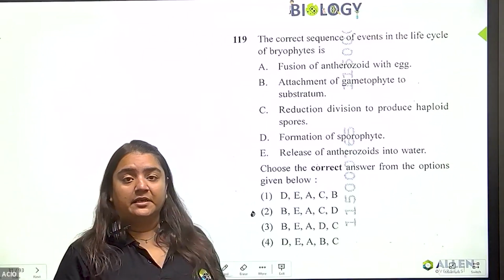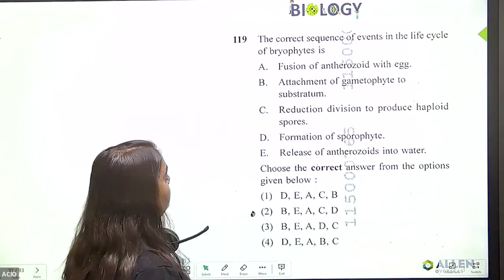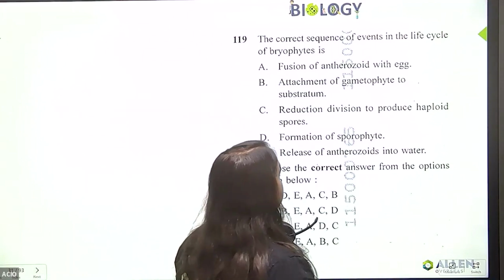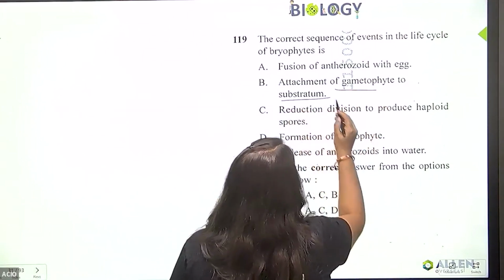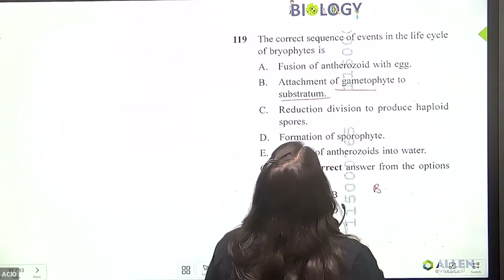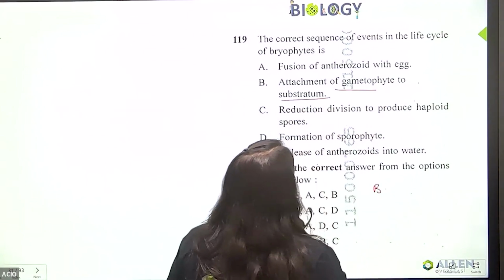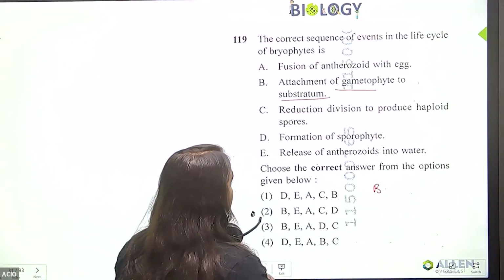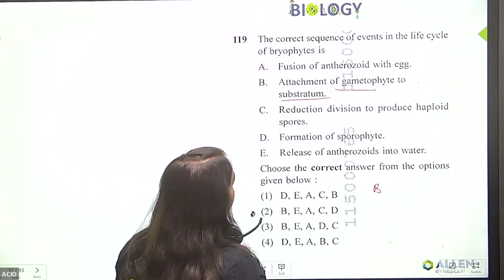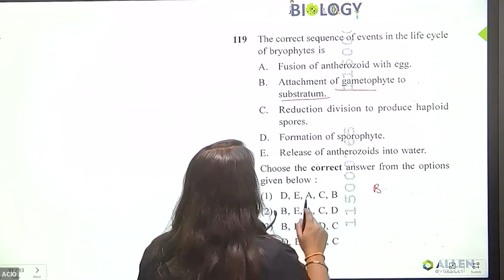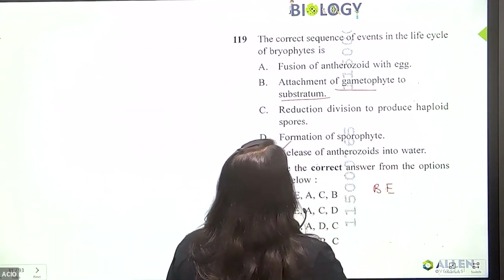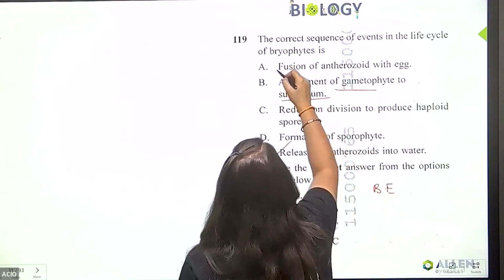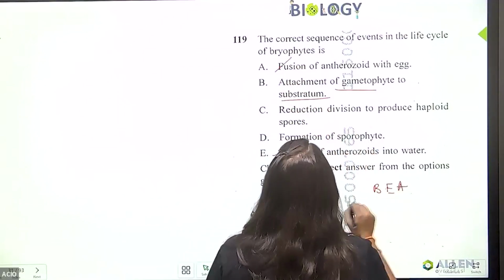Now we have the life cycle of bryophytes. Let's see what all events we have in the cycle and let's arrange it. First thing is attachment of the gametophyte to the substratum. So first is your B. Then after attachment, release of antherozoids into the water, that is E. So we have B, E. When antherozoids are released, then fusion, that is fertilization.